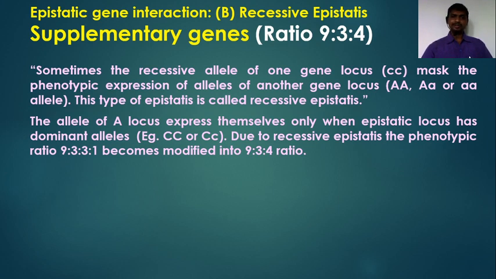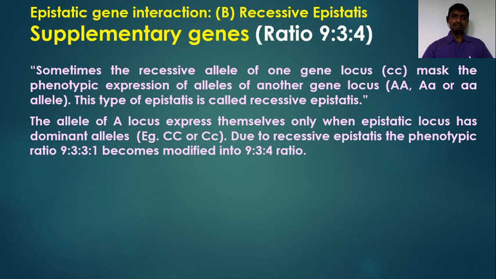So in recessive epistasis, for example supplementary genes, there are two genes, C and A gene. This C gene is an epistatic gene, A gene is a hypostatic gene. When this C gene is recessive, it is not able to make the phenotypic expression of gene A. If it is dominant, whether homozygous dominant or heterozygous dominant, that is capital C capital C or capital C small c, then only the A gene gets expressed.